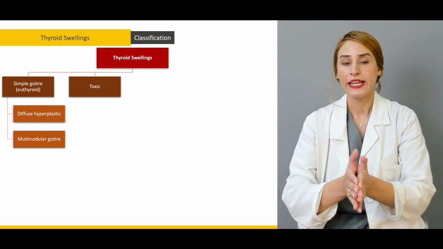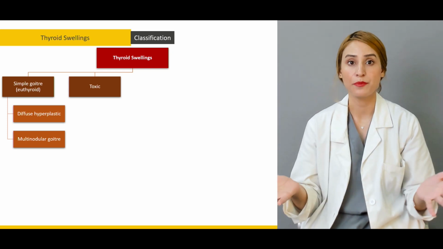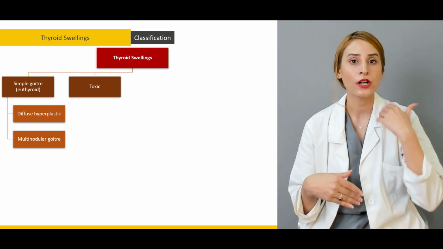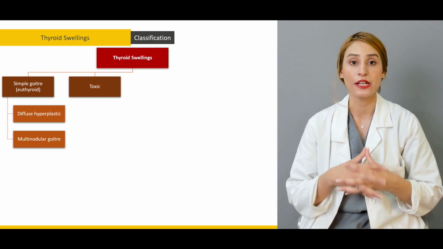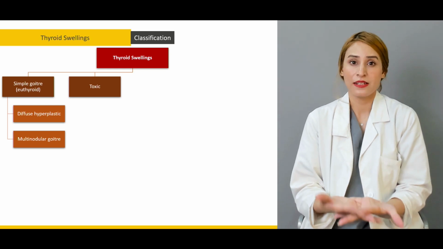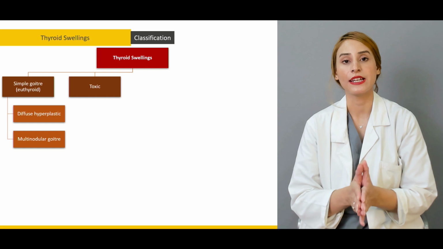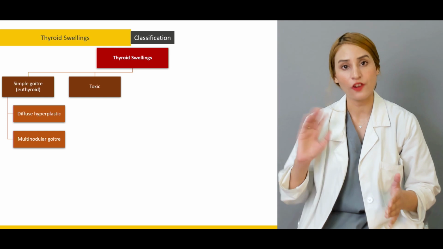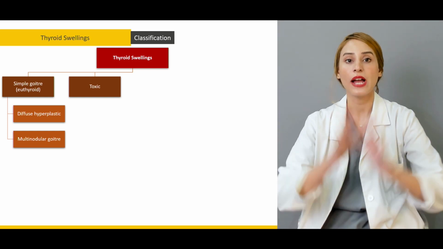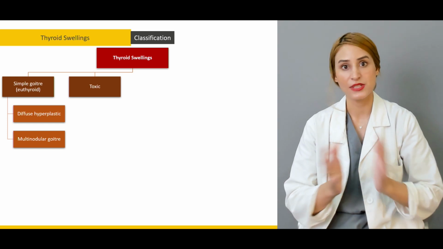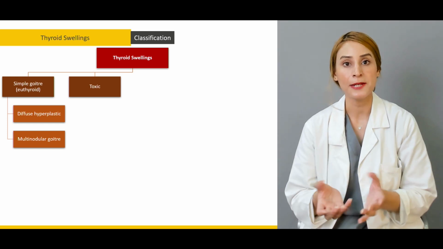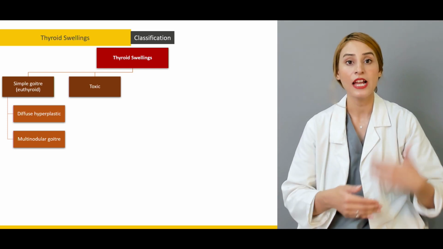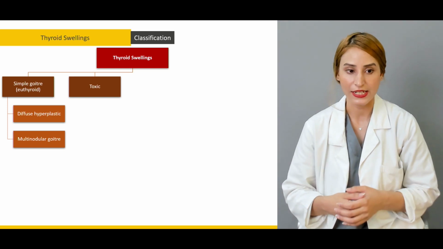But the question is, if there's a large swelling in the anterior triangle of the neck, and you're suspecting some kind of pathology in the thyroid gland, how can the patient be euthyroid? Actually, some of the follicles are hyperfunctioning and some are hypofunctioning. So as a whole, the gland's T3, T4, TSH levels are in the normal range, because they balance each other. That's how the patient is in a euthyroid state.